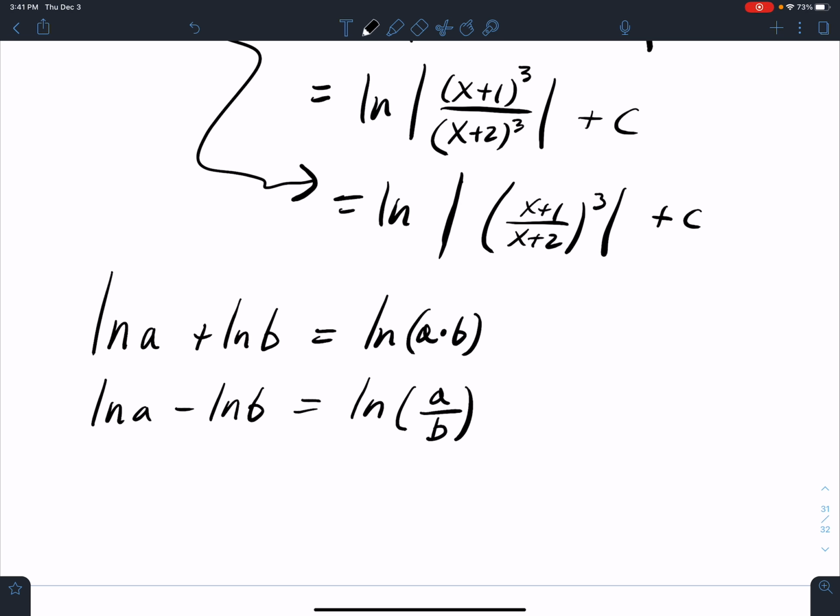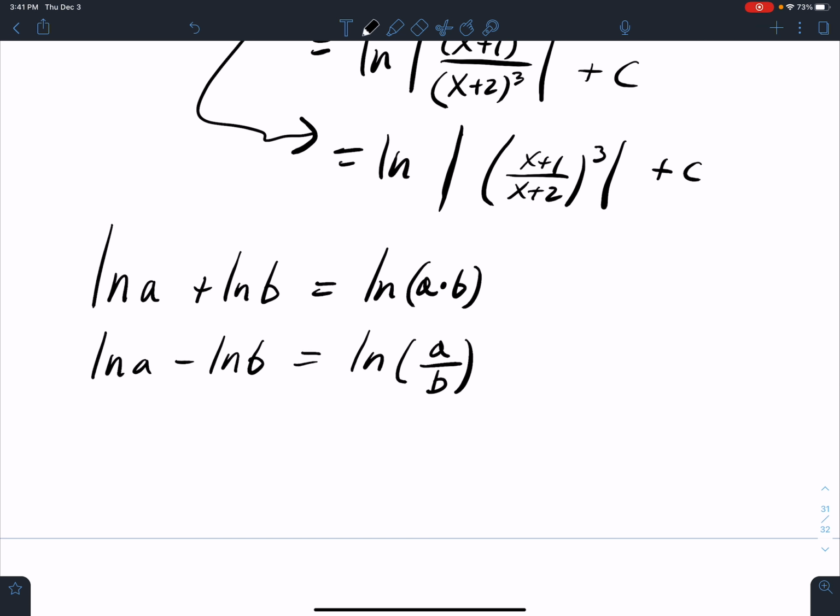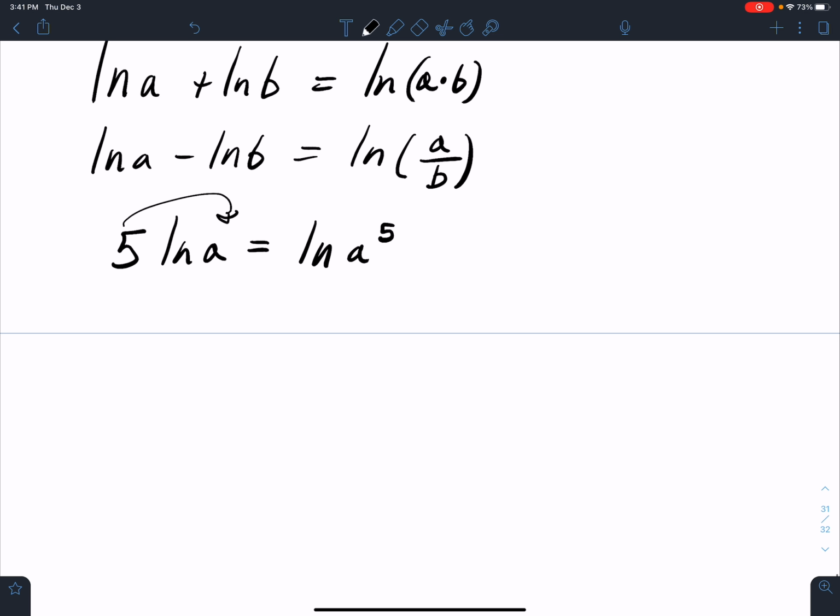Remember, logarithms are exponents, so it makes sense that multiplication is addition of exponents: same base, add the exponents. Division is subtraction: same base, subtract the exponents. Remember all those pretty rules. And then same thing if you have a number like 5 ln a, this is the same as ln a raised to the 5 power, that power rule going up there. So it could be any number, whatever number you wanted in the front.